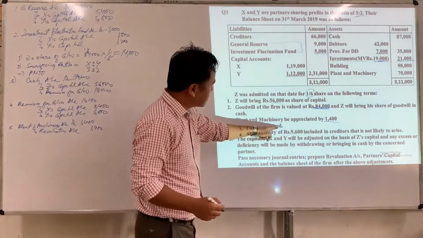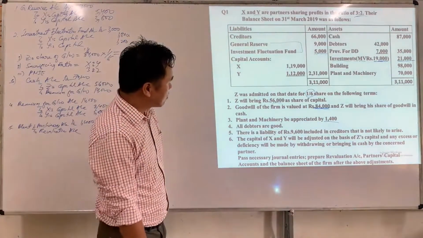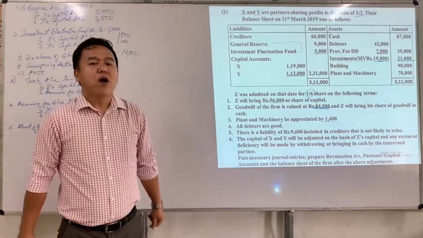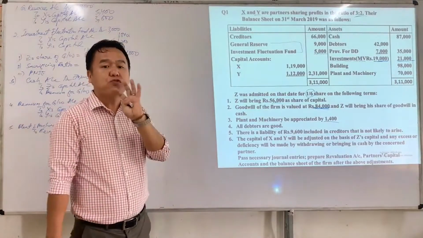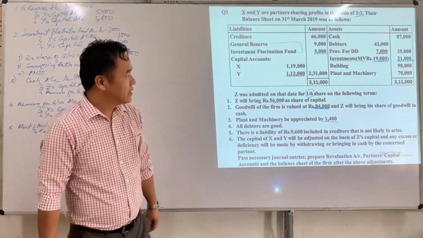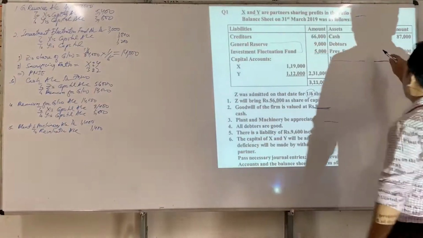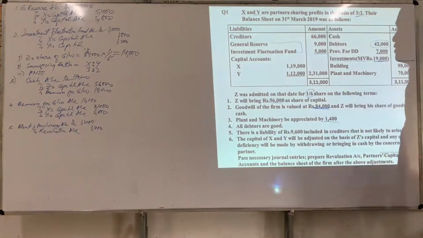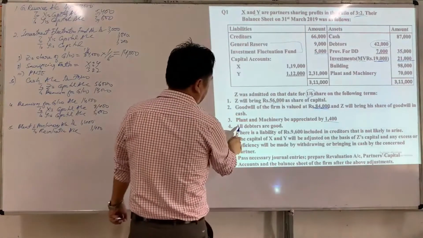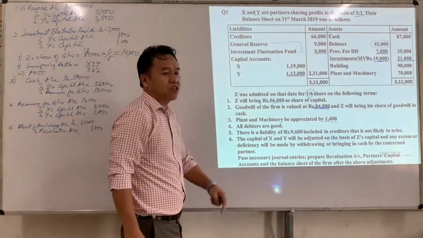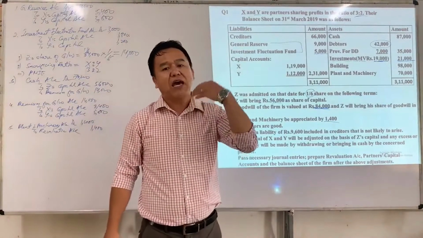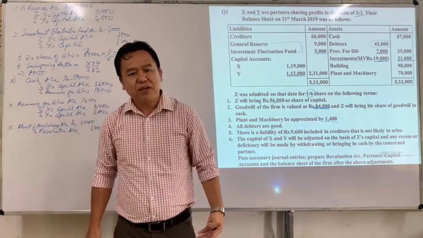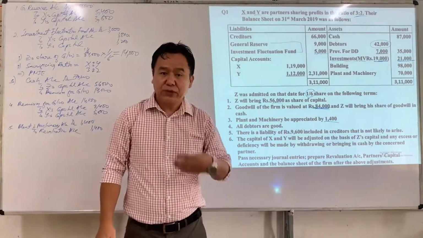Next, all debtors are good. All debtors are good means there is no new provision for doubtful debts. The total amount receivable from debtors is 42,000. So here in the adjustment, all the debtors are good, which means all the debtors are capable of making their payment as and when they become due.